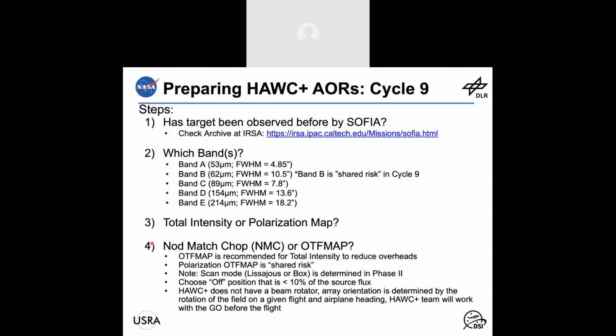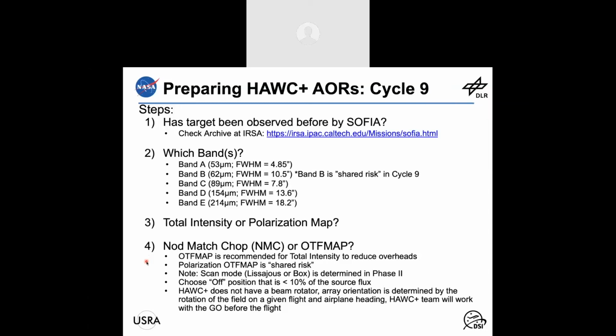The next step would be to decide whether or not you are using nod match chop mode on HAWC Plus, or if you're making a larger mapping area, on the fly map is also available. So there's 4 different choices between total intensity, polarization mapping, and then which type of nod match chop or on the fly mapping you're using. And I'll go over that a little bit more in the examples.